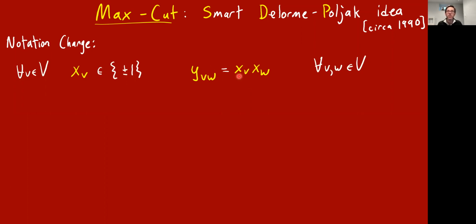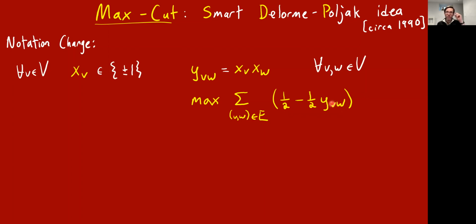This is going to be the constraint that it's very hard to encapsulate, but I wanted to switch notation like that. And with this switched notation, the objective function is still fine. You see this little expression here, a half minus a half times yvw. Remember, this yvw is 1 if xv and xw are the same. So when you plug 1 in here, you get a half minus a half, which is 0. So this expression is 0 if xv is the same as xw.